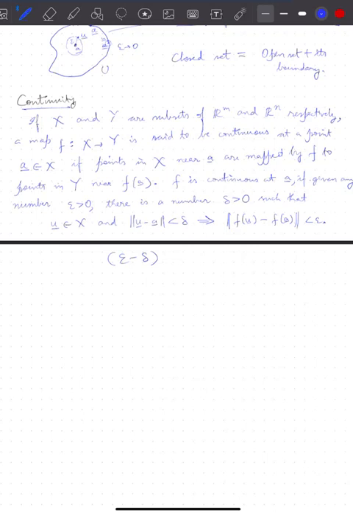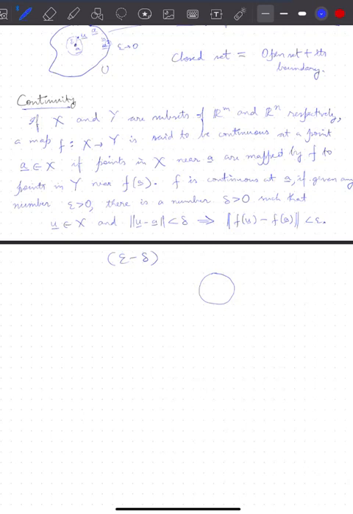Now, graphically speaking, what we mean by continuity is that if we map a point near A, which belongs to capital X, to a point near F of A, the distance between the points in X has some value. Epsilon and delta can be anything, just that they should be very small.